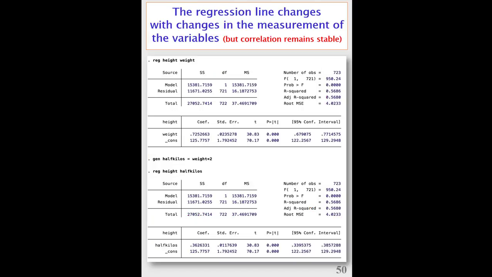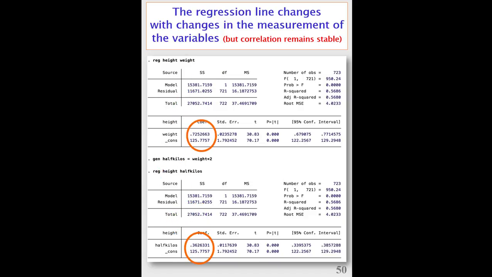Okay, so let's see what would happen here if we somehow change the units in which the variables are measured. For instance, we have weight in kilos, and we could also look at weight in terms of how many half kilos you have. Okay, weight times 2. So instead of the 80 kilos that I weigh, 160 half kilos, and that shouldn't make any difference, of course, to how well the line is fitting, and that's actually what we see here.